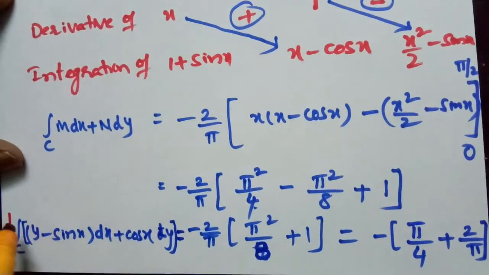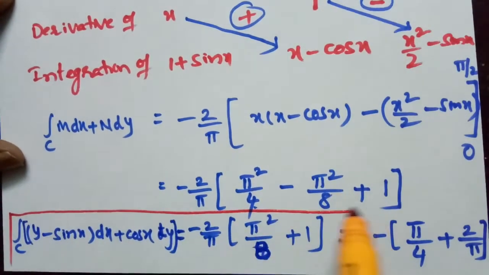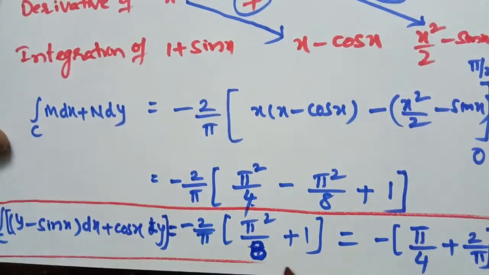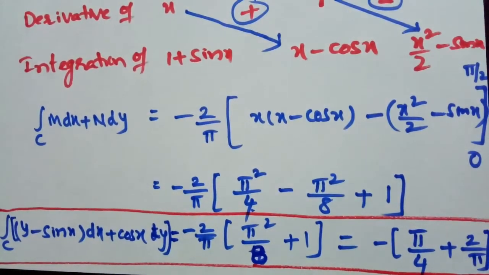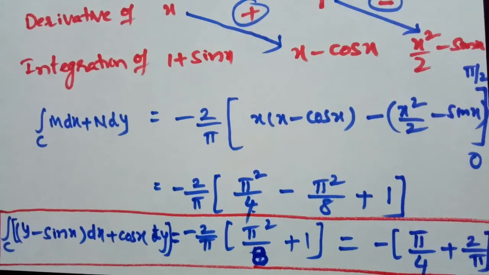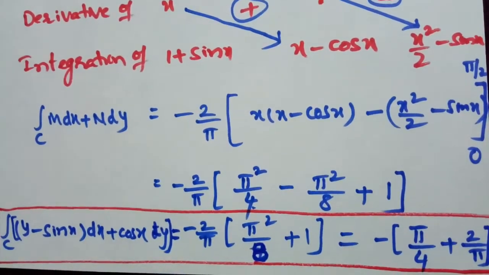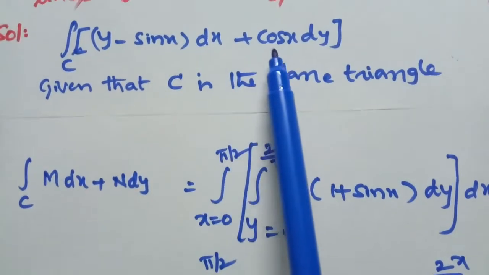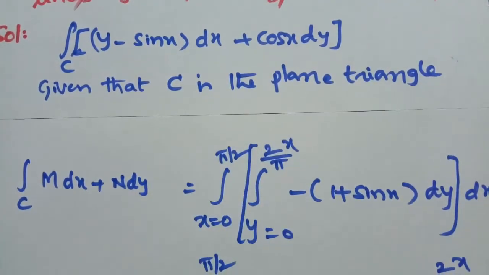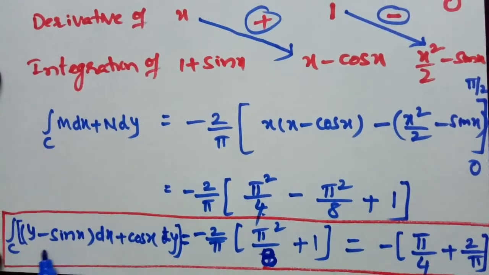Instead of evaluating line integral, we find out this value by using the double integration. Green's theorem is the relation between line integration and the double integration in the plane. So, we calculated this line integration by using the Green's theorem.